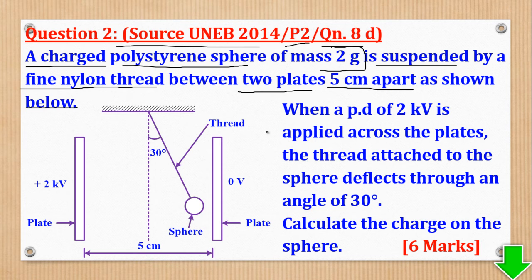So it's the diagram. When a PD of 2 kilovolts is applied across the plates, the thread attached to the sphere deflects through 30 degrees. Calculate the charge on the sphere. So that means that it was attracted in this direction for it to go towards the side.